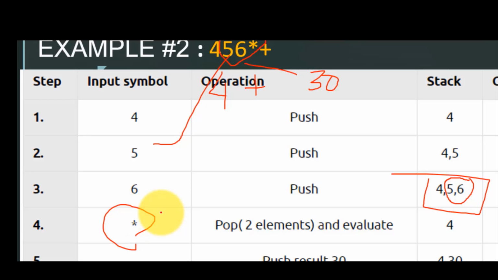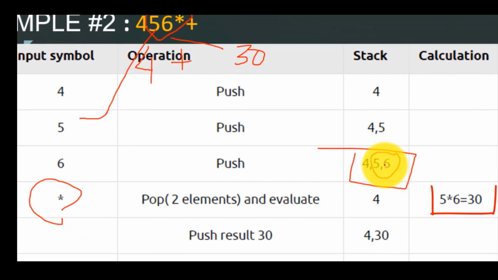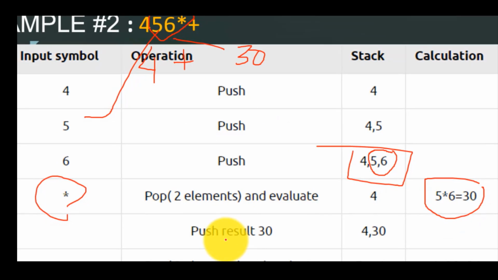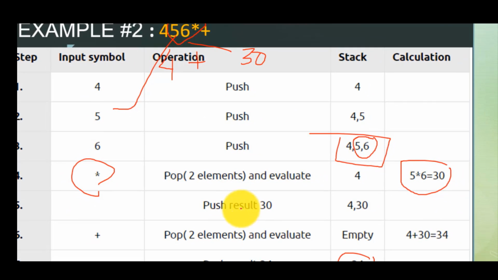In this case, what we're going to do now is multiply first the 5 and 6. Multiplying it, that's the reason why we have 5 times 6, that's 30. Now, we have remaining 4 and the plus sign. If we push into our stack, we have 30, so this becomes 4 and 30 now in our stack.